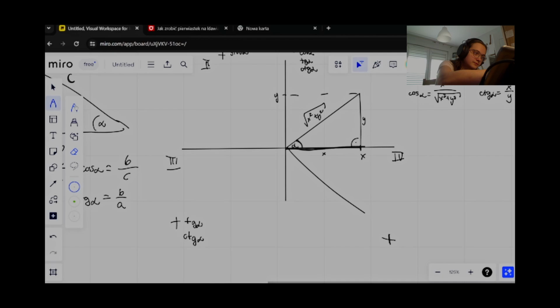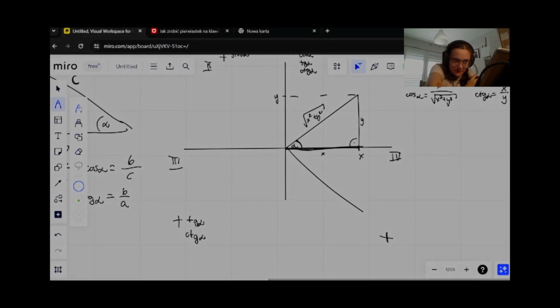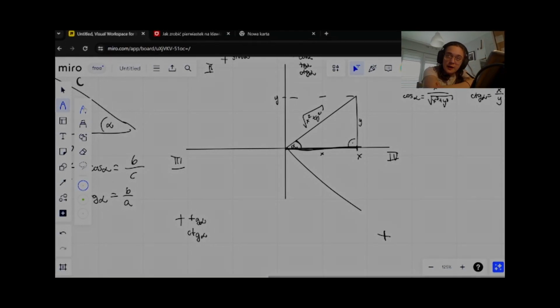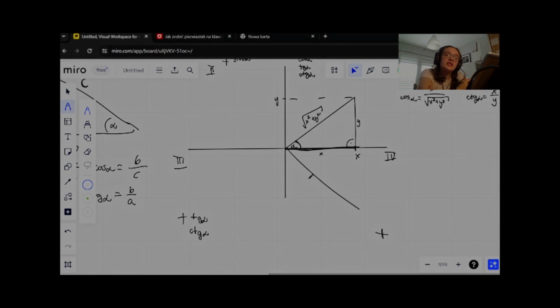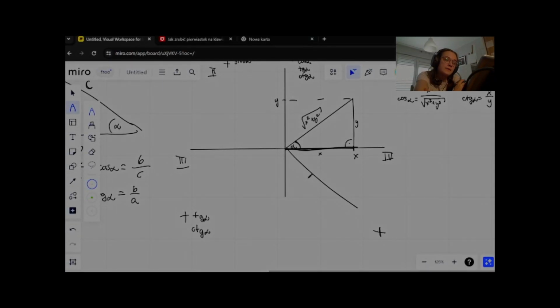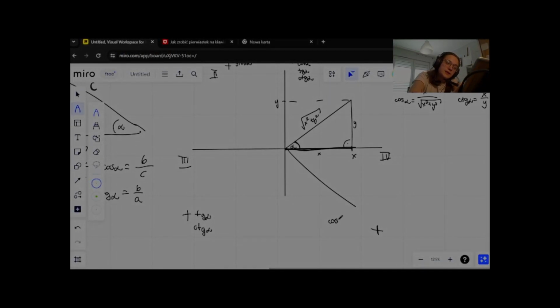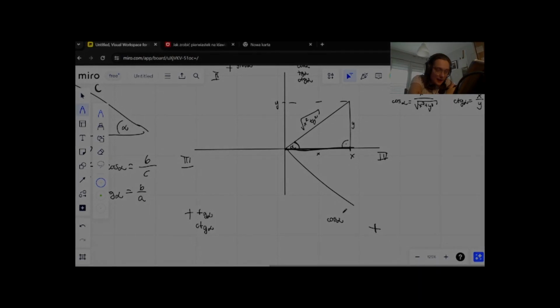Sinus is not x divided by C, it's y divided by C. So y, which is negative, divided by C, which is positive, gives negative. So we won't write this. And cosinus, x, which is positive, divided by C, which is positive, gives positive.